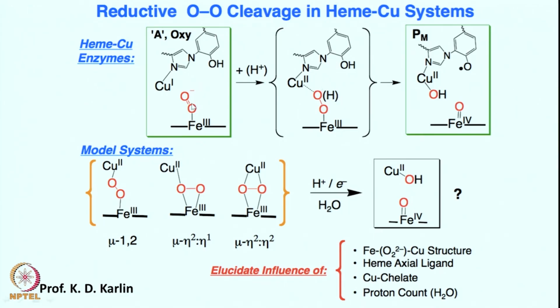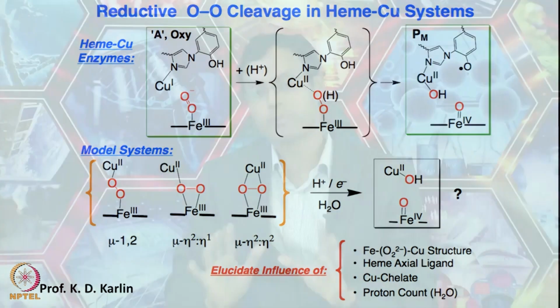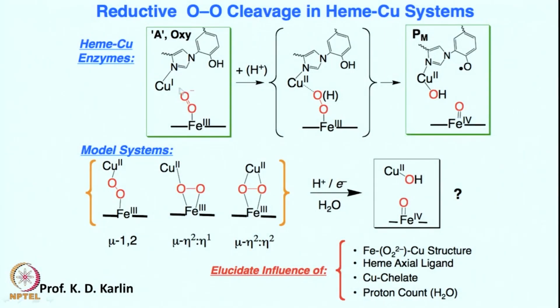This is a completely speculated mechanism based on some of the synthetic studies that have been done, but we will see how synthetic chemists have approached this problem, right. So far we have seen superoxo formation and then peroxo formation, and we know the geometry, right. What would the peroxo be like? This should be iron 3 copper 2 peroxo, most likely in an eta 2 or side on bound geometry.